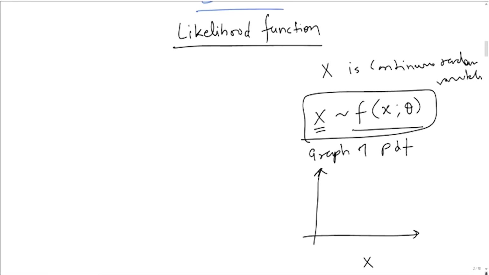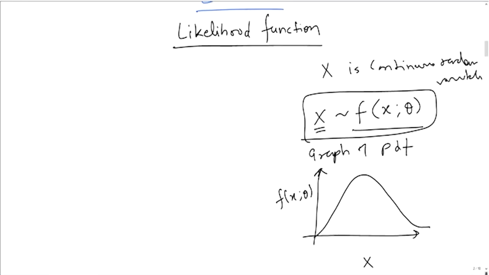So, we are going to draw the probability density of each value of x, right. That is what we want to draw, right. So, something like this.